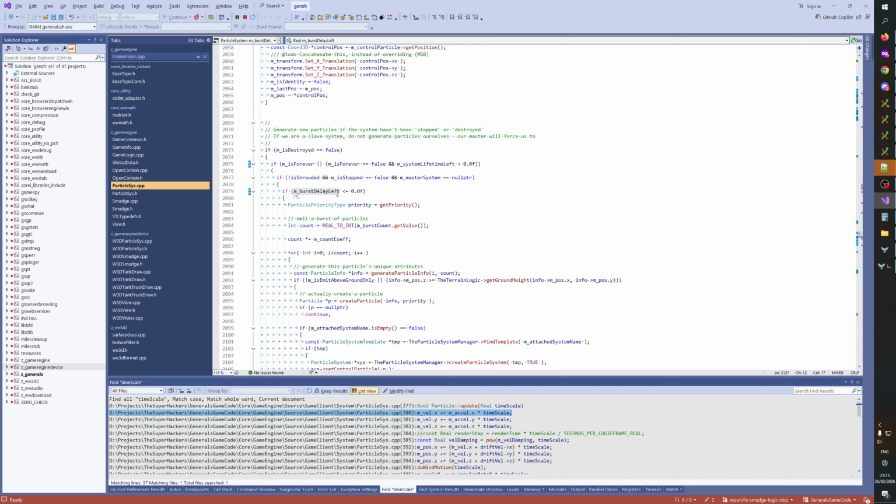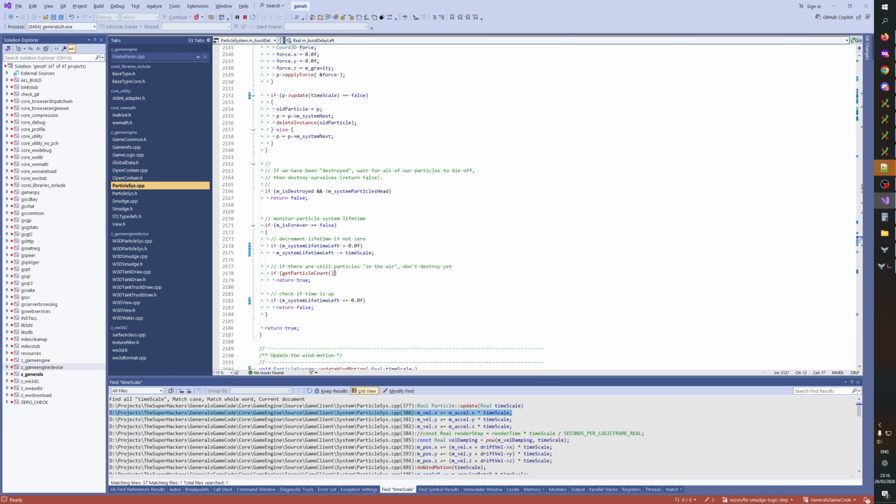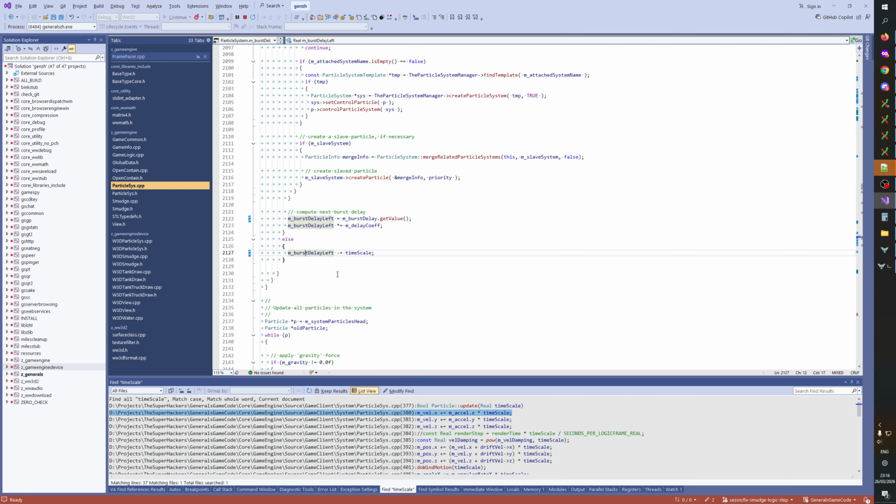So on every render update, it will create a new instance. I think it's related to that, so that it creates more particle instances, because the burst is set to 0.